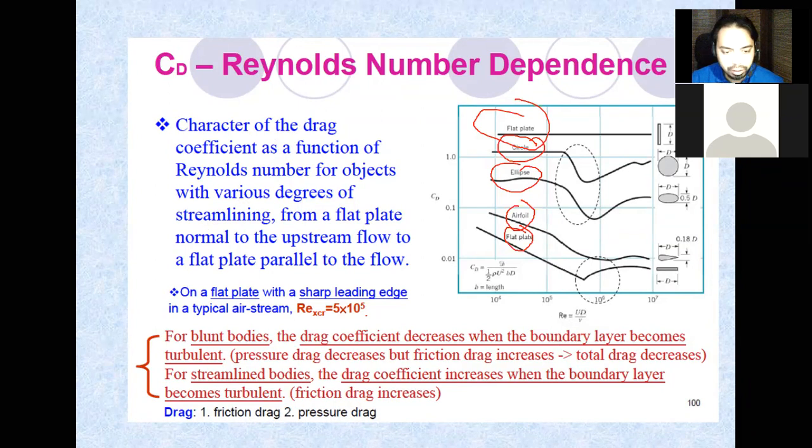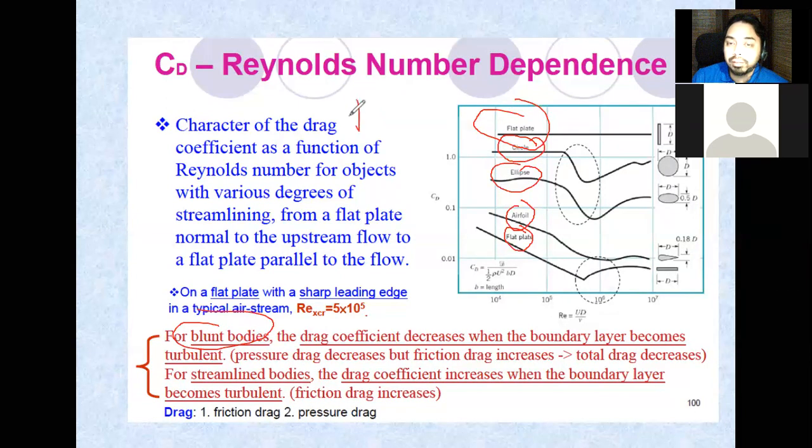Oh yeah, and there is a term called streamlined and blunt bodies, or bluff bodies. The drag coefficient decreases when the boundary layer becomes turbulent. The pressure drag decreases, but the friction drag increases. Streamlined is when the shape minimizes the pressure-induced drag.